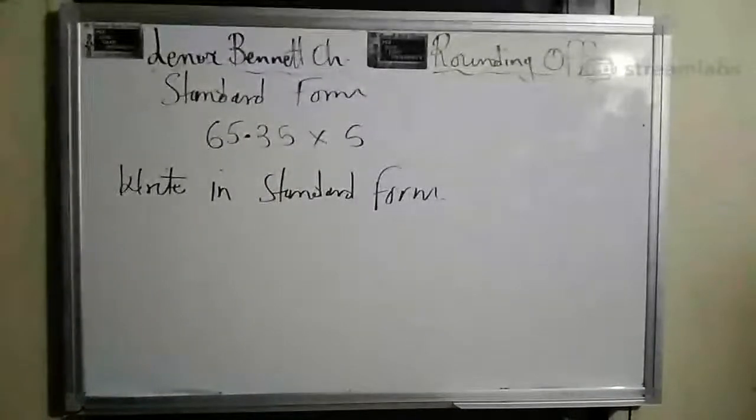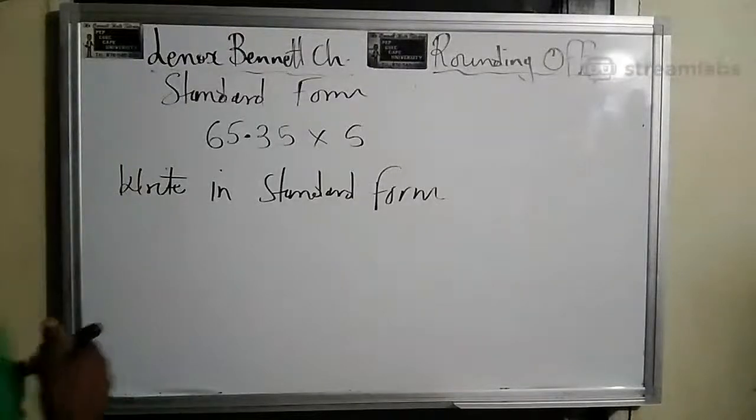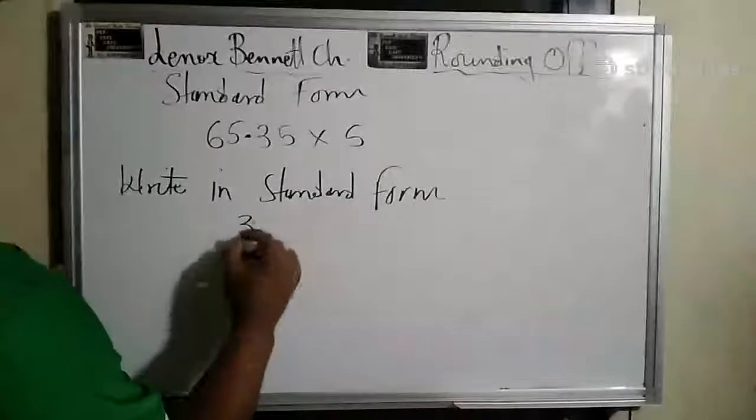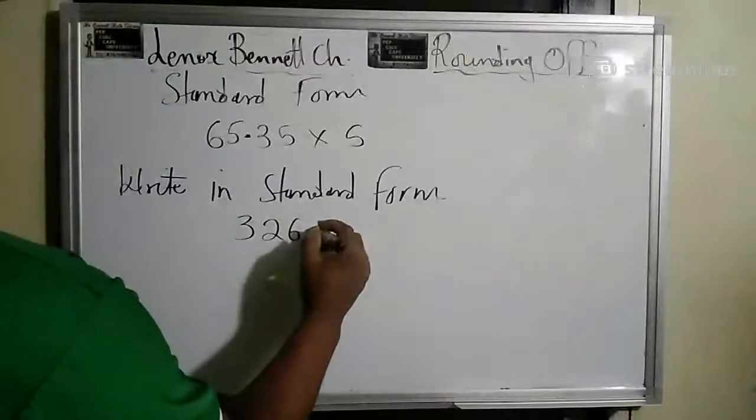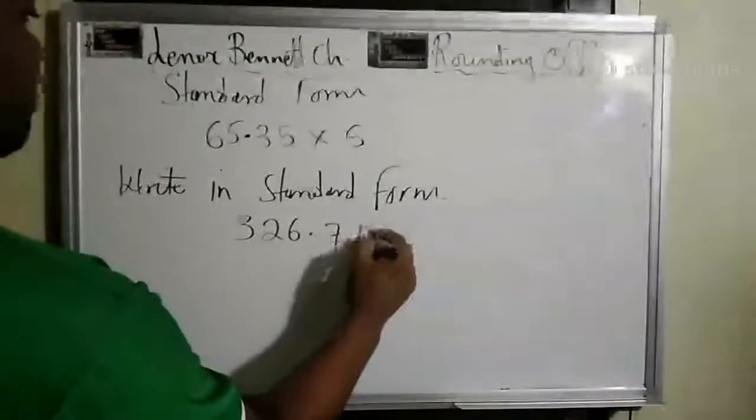So let us multiply 65.35 times 5. Now the product gives us the exact value, 326.75.